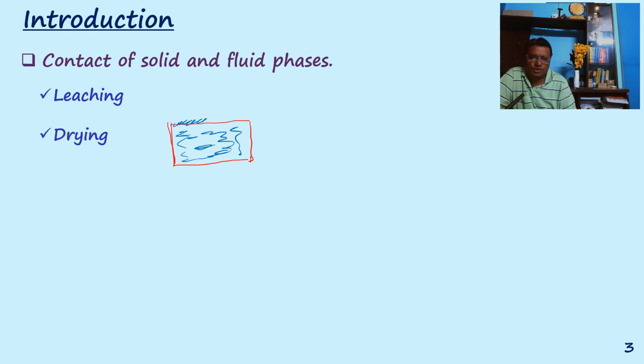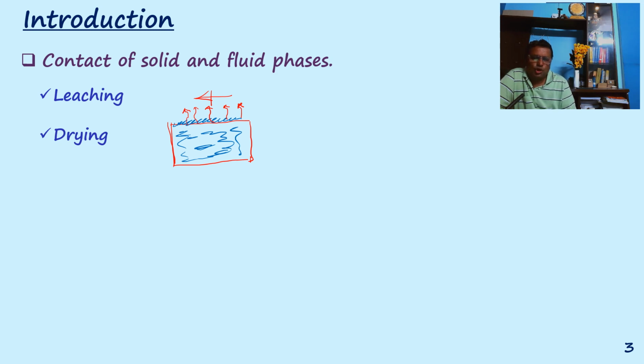There may also be some moisture on the surface. So what is done? This wet solid is contacted with hot air. Hot air or hot gas is passed over the surface of the wet solid. What is the result? This moisture will get vaporized, evaporated into the hot air or hot gas, which then removes those vapors.